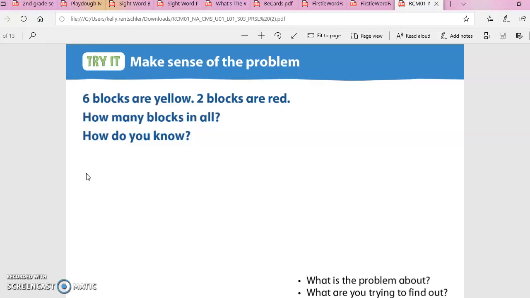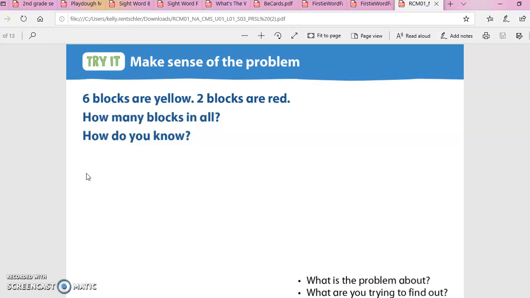So what I want you to do is pause this video, and take a second to try to solve this problem using a strategy that we've talked about last week. So one more time real quick before you pause the video, I'm going to read the problem to you one more time. 6 blocks are yellow, 2 blocks are red. How many blocks in all? Okay, go ahead and pause.